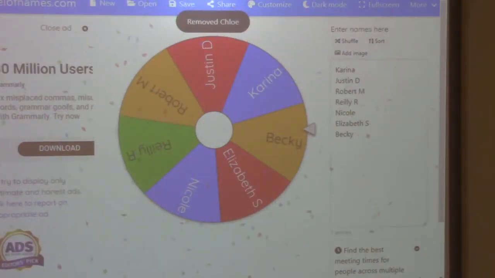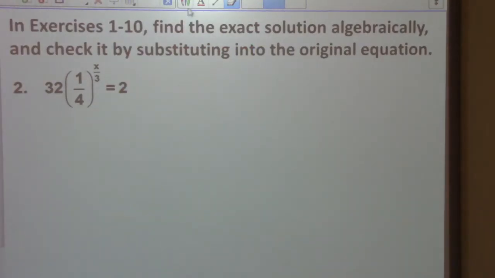Okay, Chloe, did you finish this one? Yeah, I think so. All right, go ahead. So you would divide by 32, both sides. You would get 1/4 to the power of x over 3 equals 1/16. And then you do 1/4 to the power of x over 3 equals 1/4 squared.